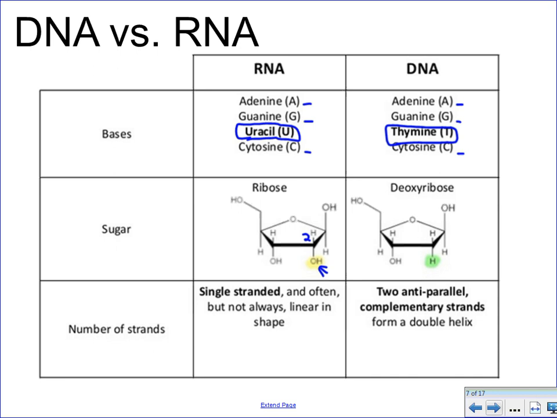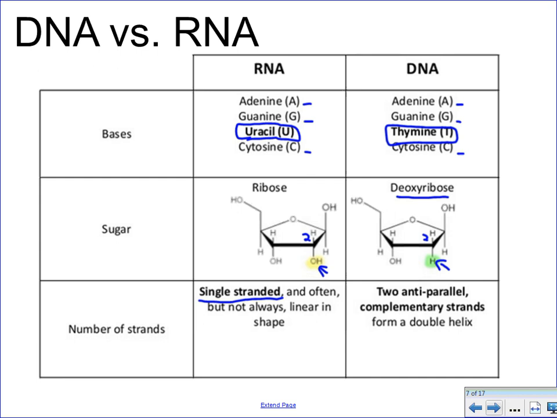In DNA, on carbon 2, that hydroxyl group is replaced with a hydrogen, and so it is referred to as deoxyribose. In terms of number of strands, RNA is single-stranded, which we'll see on the next slide, while DNA has two strands that are antiparallel, complementary, and form a double helix.